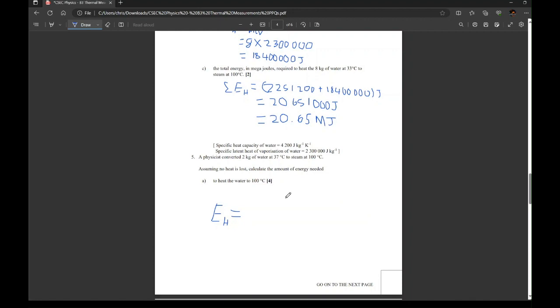And that's going to be multiplied by the temperature change, which is 100 minus 37. And so that gives us 529,200. So that's our first value.